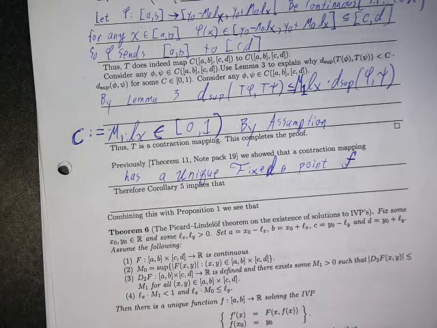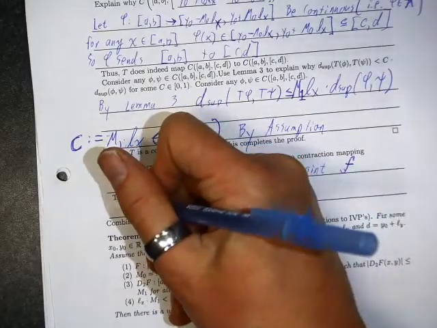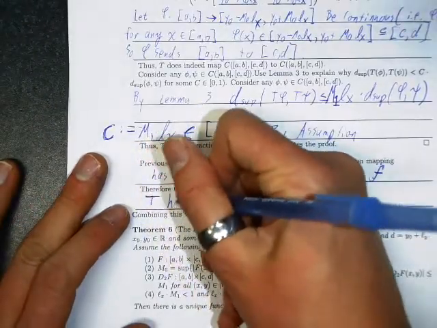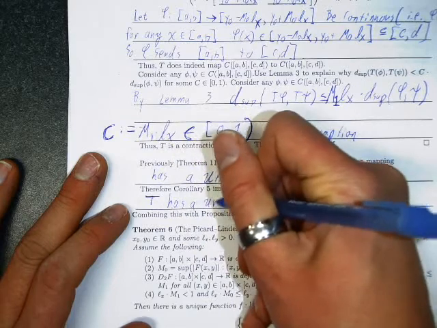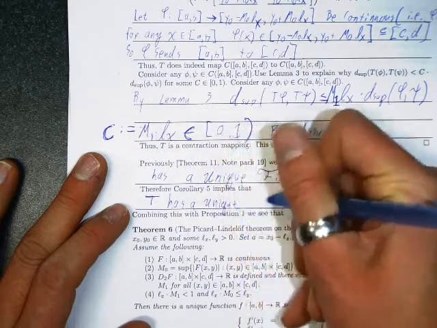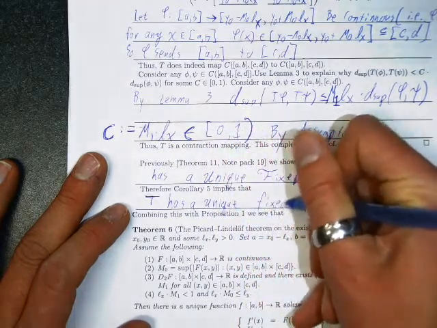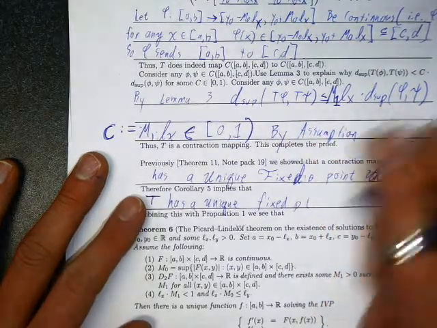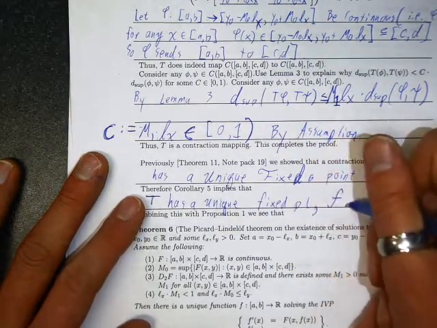In particular, corollary 5 says what about the operator T? It has a unique fixed point. So by corollary 5, T has a unique fixed point, and now I'll call it F because it should be a function.